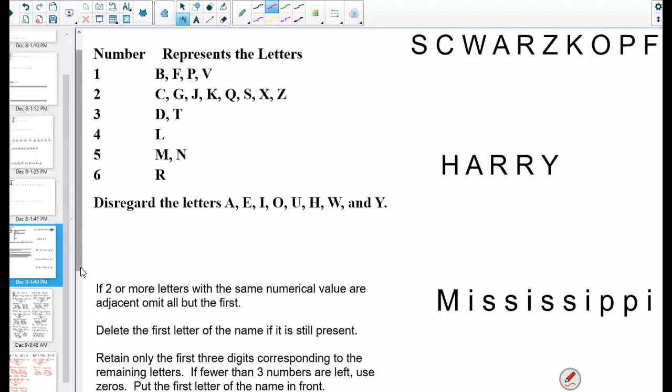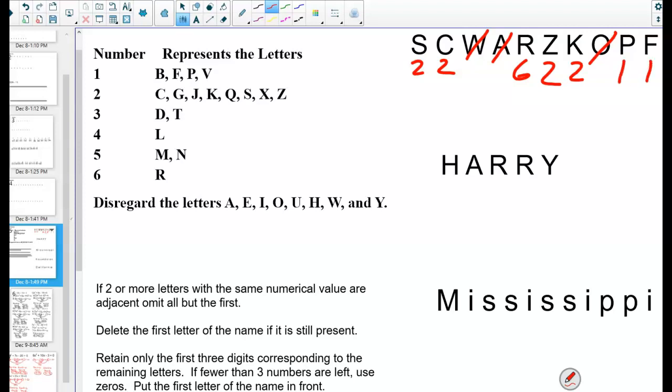Alright, so now we're going to code these names. I'm going to give each letter a number. S is 2, C is 2, W is eliminated, A is eliminated, R is a 6, Z is a 2, K is a 2, O is eliminated, P is 1, and F is 1.